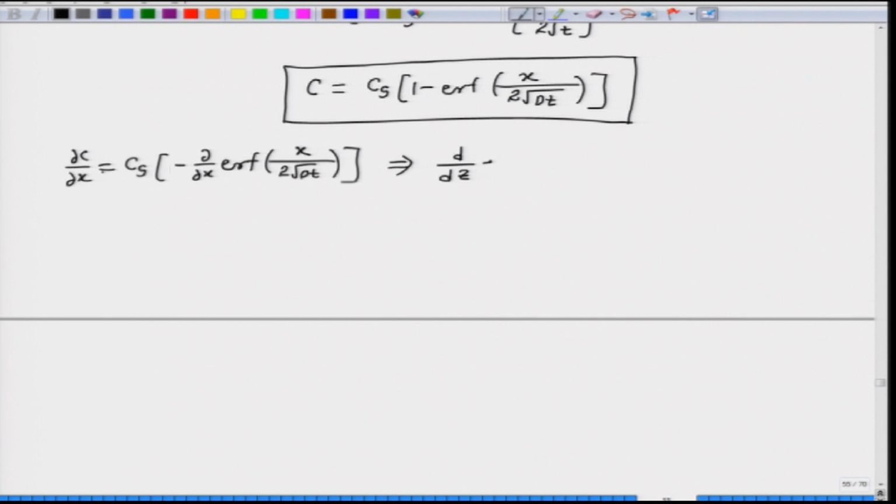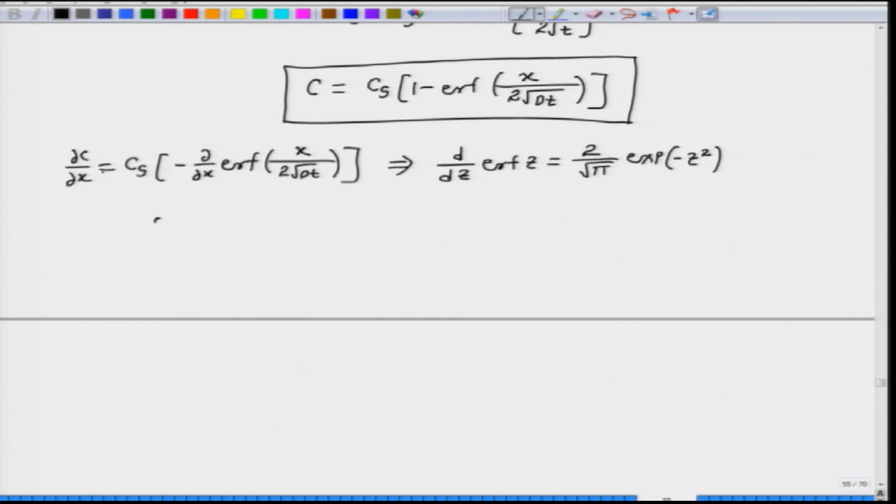D by dz of error function z is equal to 2 over root pi exponential minus z square.